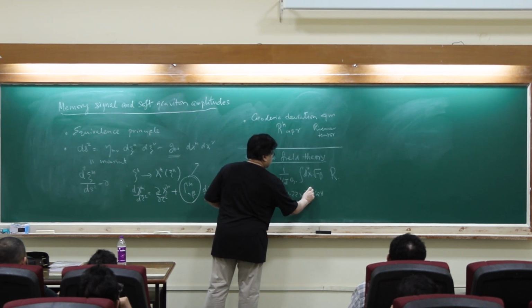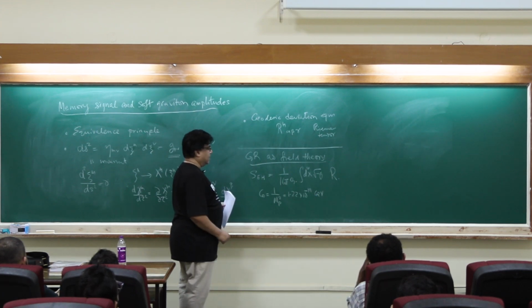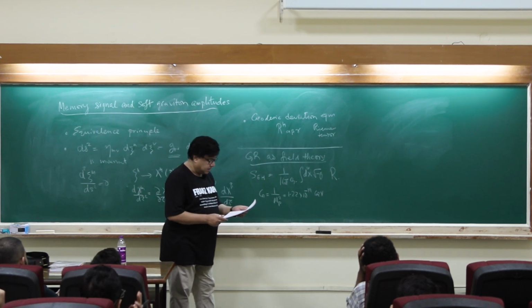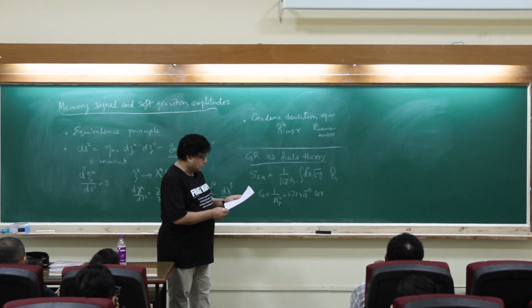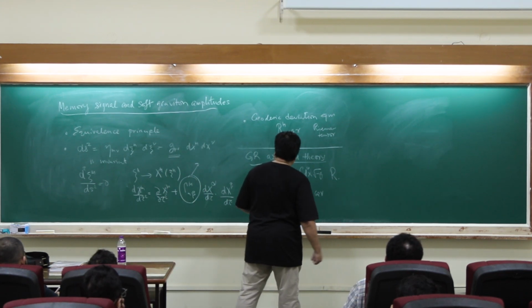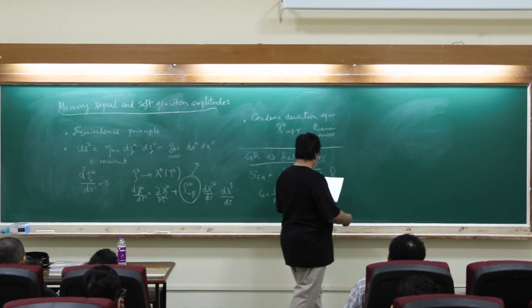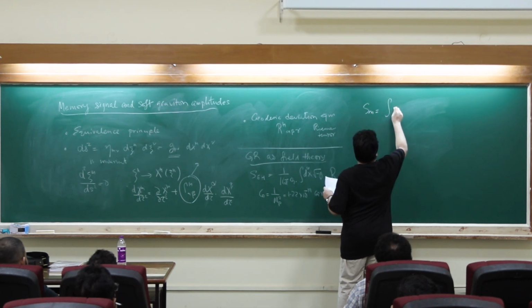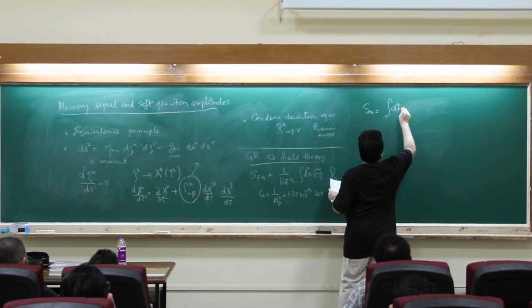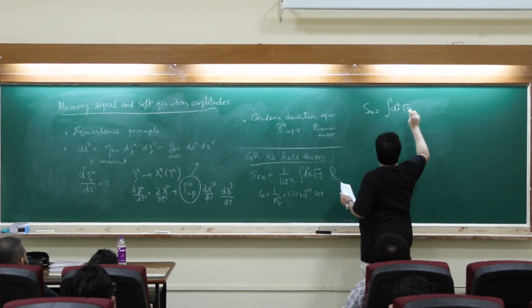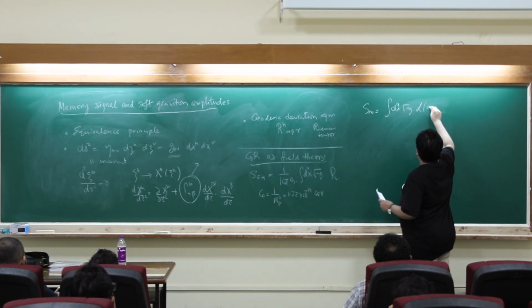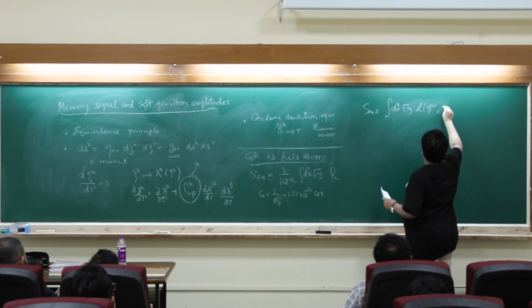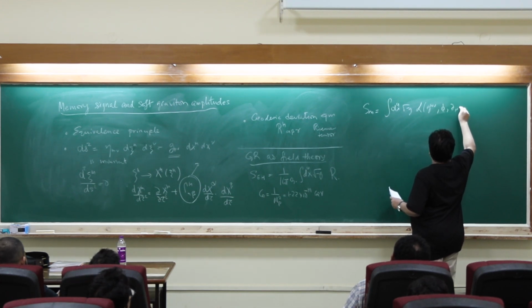Notice that this comes in the denominator in the Einstein-Hilbert action. In addition, you have matter, and the action is that which will involve the metric as well as fields and their derivatives.